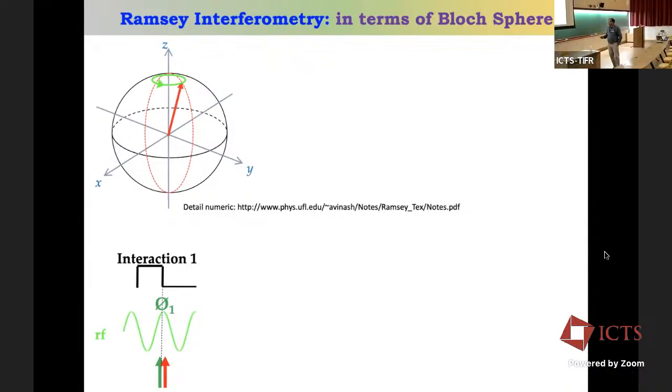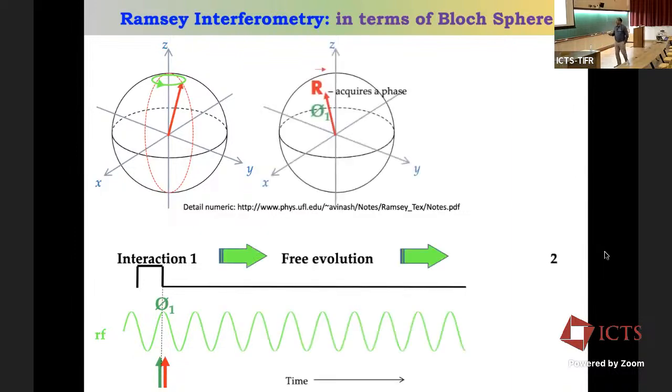Let's consider the microwave will end exactly at that phase, phi 1. Then the atoms will acquire that phase phi 1, and it will keep it within its memory, and then it will freely evolve, but the atom will have that phase phi 1. However, within this free evolution period, the microwave will keep on propagating.